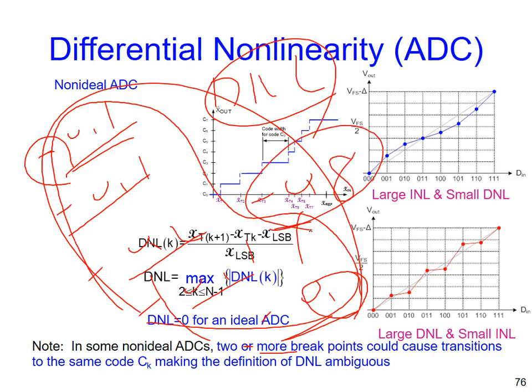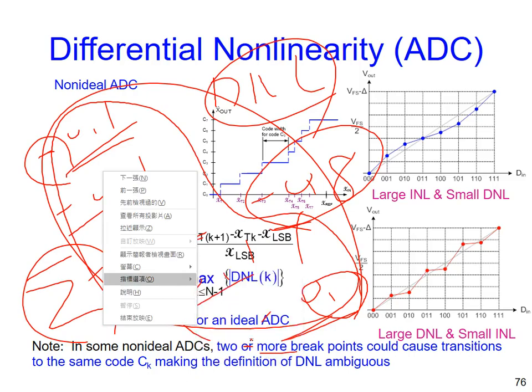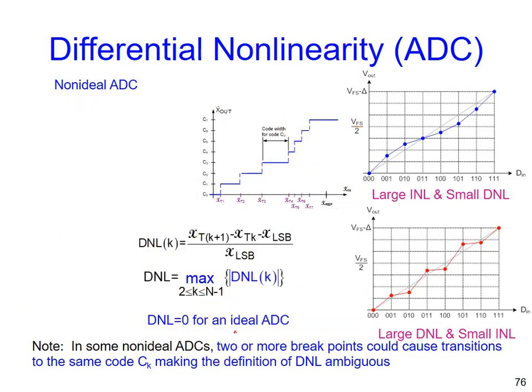So the idea is, if there is a lot of positive DNL or a group of negative DNL, your INL will be really bad because you need to sum them up. Okay? If this is perfect, but positive and positive, or even more positive DNL, finally you will get very bad INL there.